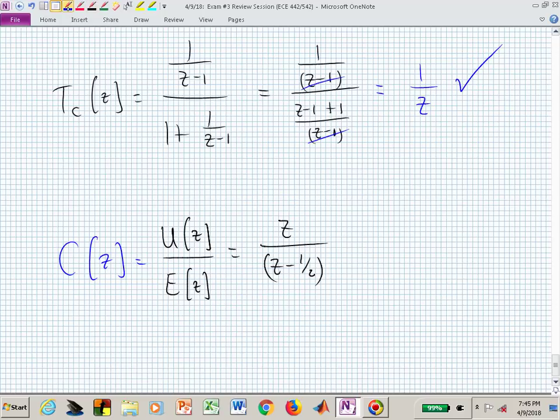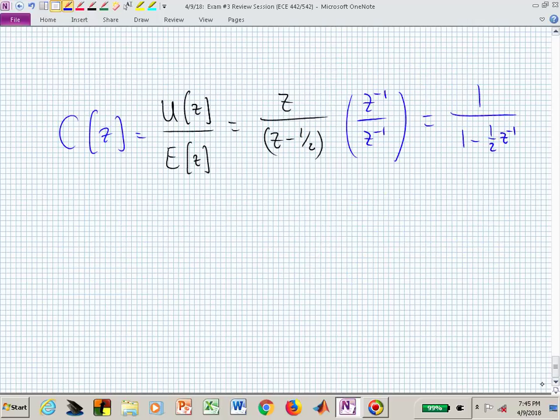Well, let's turn this into delays. So let's now scale this by 1, so that now we have 1 upstairs and we have 1 minus 1/2 z to the minus 1 downstairs. Cross multiplying, we have 1 minus 1/2 z to the minus 1 times u of z is equal to e of z.